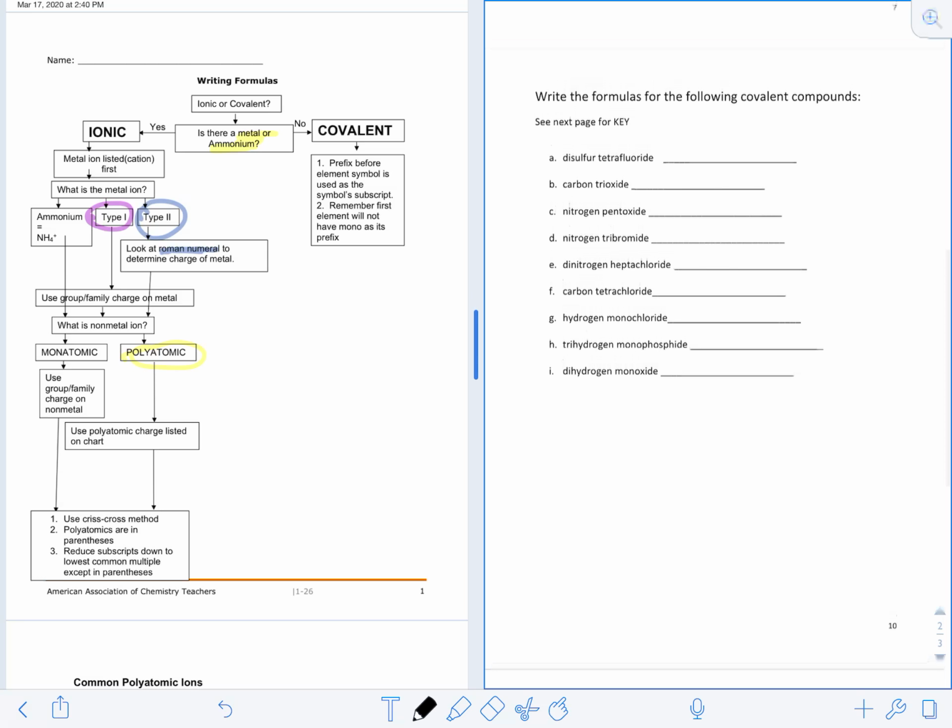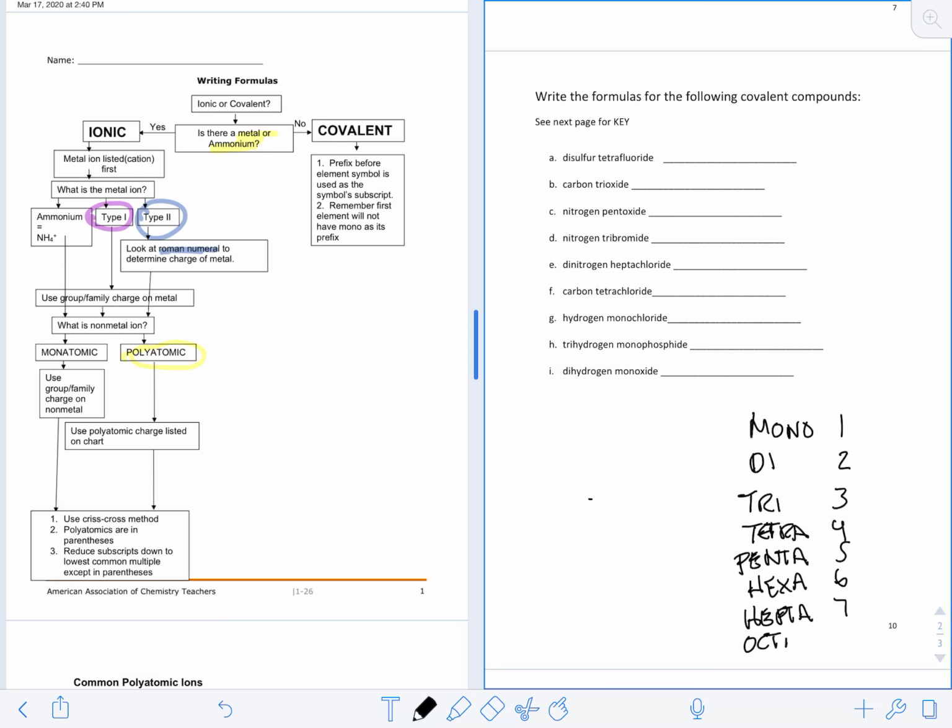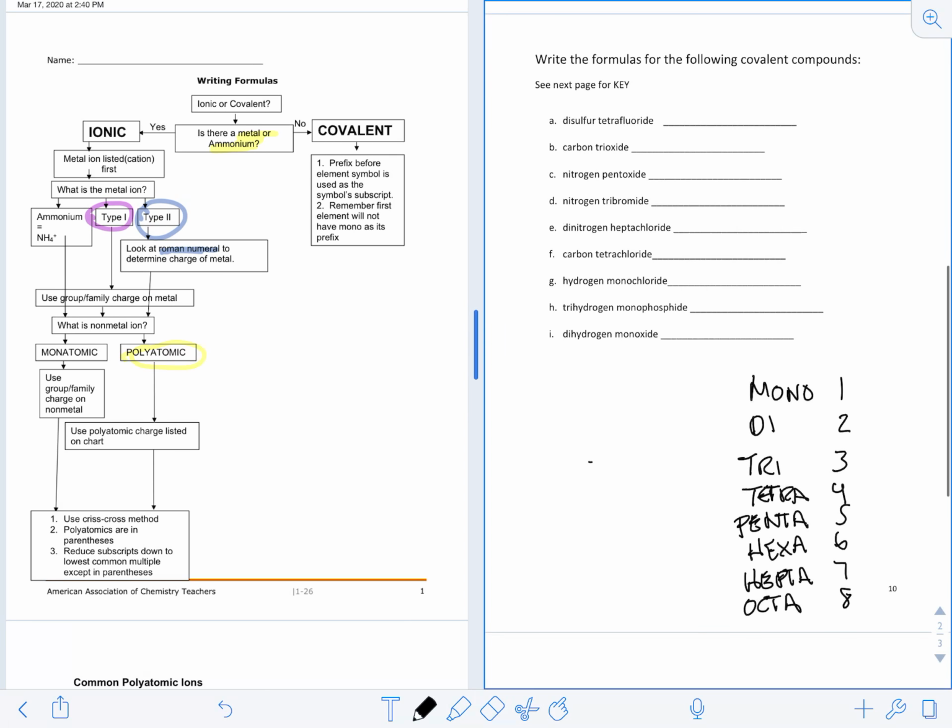You need to memorize, and I told you this before we left, the different prefixes. So remember, mono is 1, di is 2, tri is 3, tetra is 4, penta is 5, hexa is 6, hepta is 7, everybody knows octa, nona is 9, and then deca is 10.